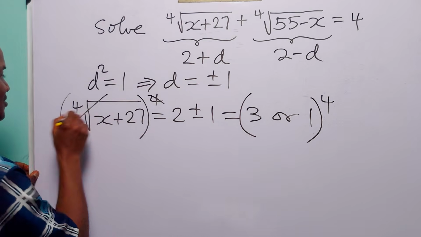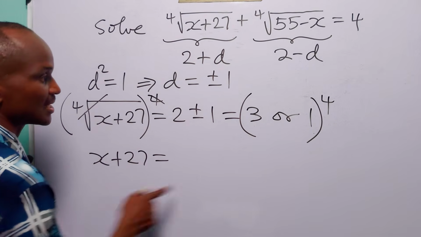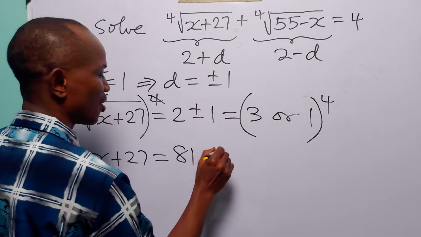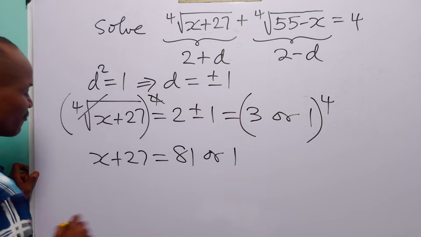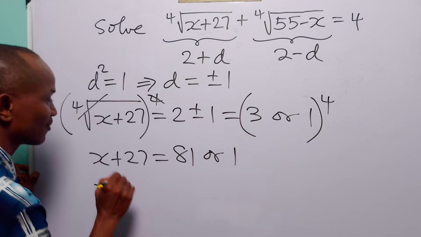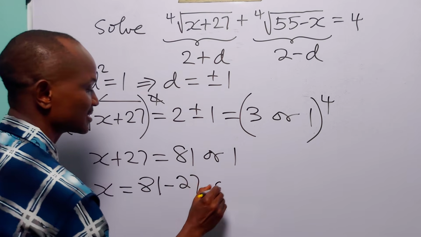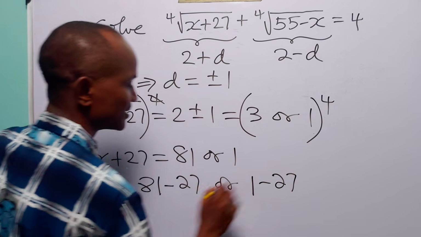Of course, this is going to cancel that, and we have that x plus 27 is equal to 3 to the power 4, which is 81, or 1 to the power 4, which is 1. Now, from here, we have that x is equal to 81 minus 27, or 1 minus 27.